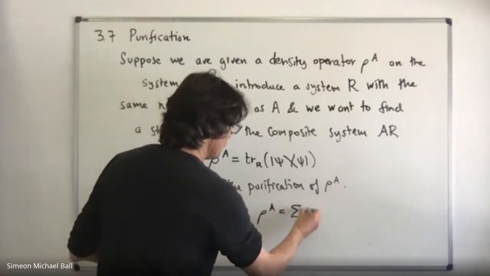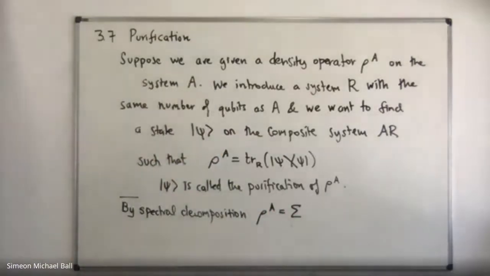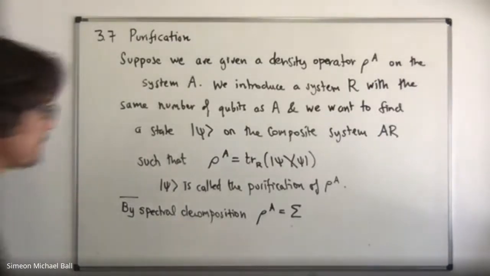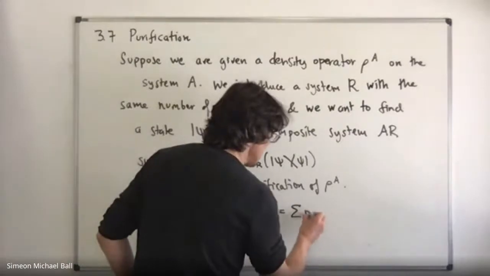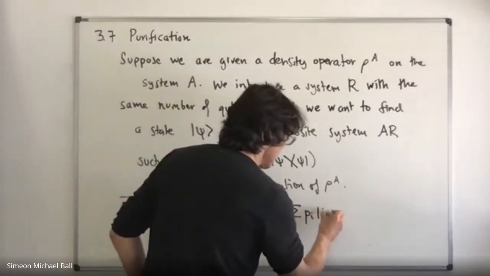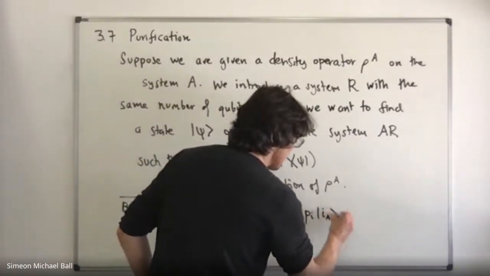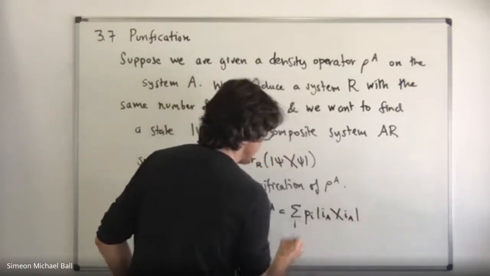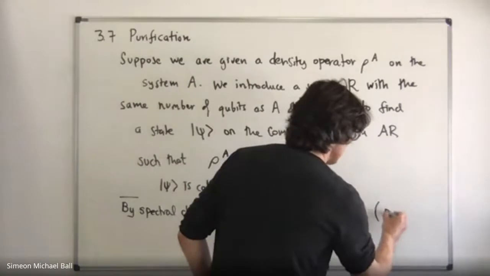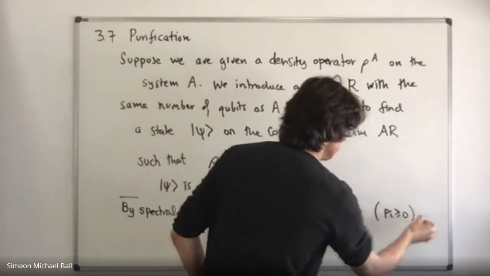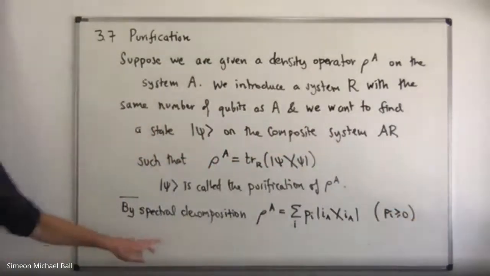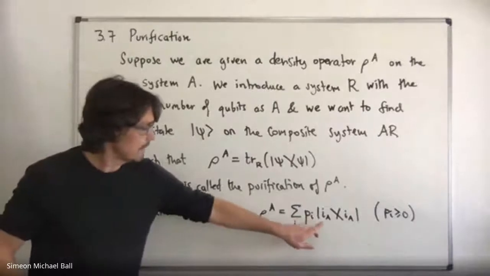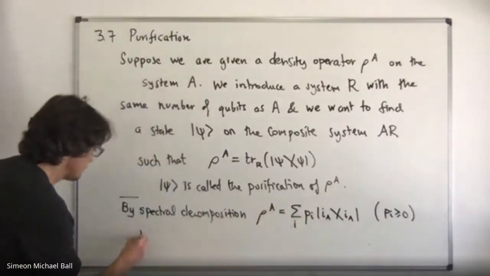So by spectral decomposition, this rho A is the sum of lambdas, p_i, because it's a density operator, of course. So these are positive. So p_i |i><i| on the A system, where this is an orthonormal basis.